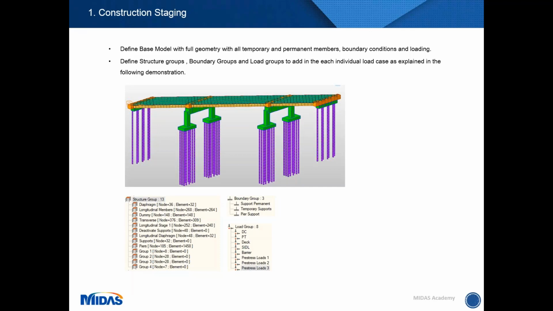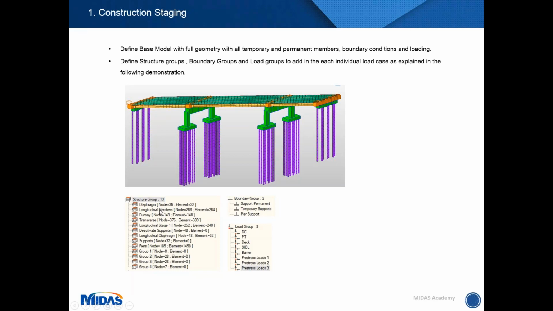I'll give you a description of the structure. It's a 3-span continuous bridge with a maximum span of 30 meters. The spans on either side are around 20 meters, and the substructure is a portal pier with group piles, and at the abutments, it's a normal arrangement with 2 rows of piles.